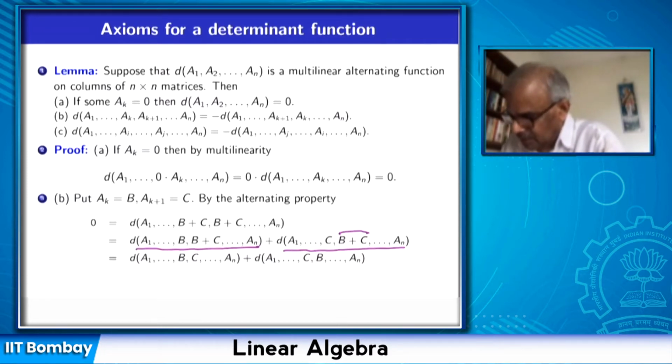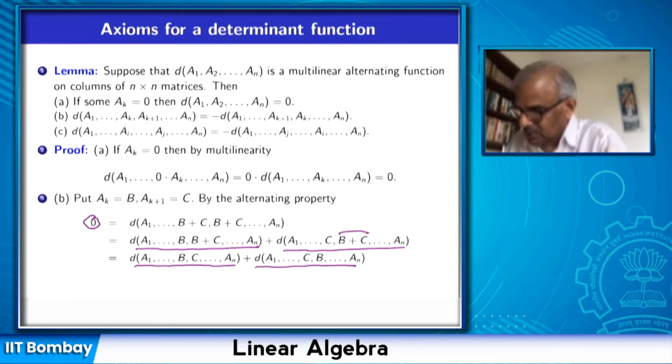So out of those four terms, using the alternating property, I just get that D of A1, B, C, AN plus D of A1, C, B, AN is equal to 0. So that shows that when I interchange two adjacent columns, then I acquire a negative sign.